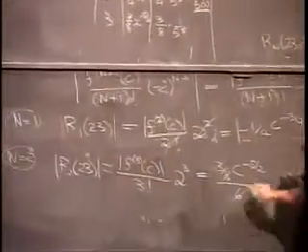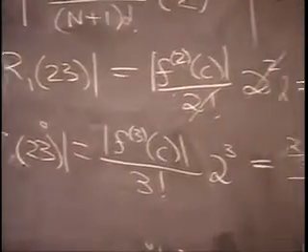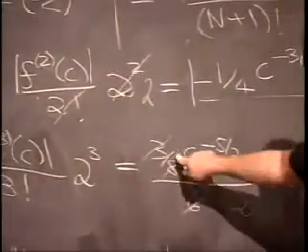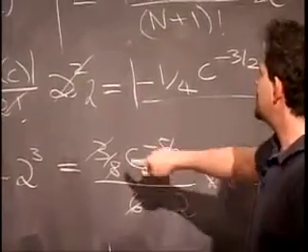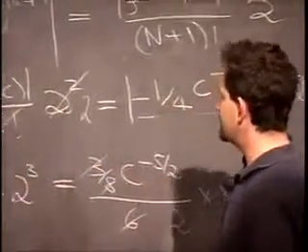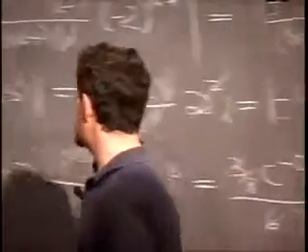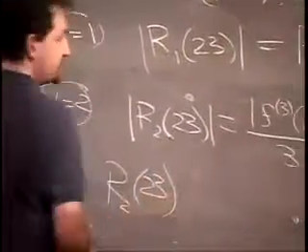Let's look at R2 of 23. We took absolute values, but before we took absolute values, we have the third derivative, which is 3/8 c to the minus 5 halves, divided by 3 factorial, and then actually we're going to have a minus 2 cubed. So in order to really nail it, you need to write down exactly what R2 of 23 is without absolute values.